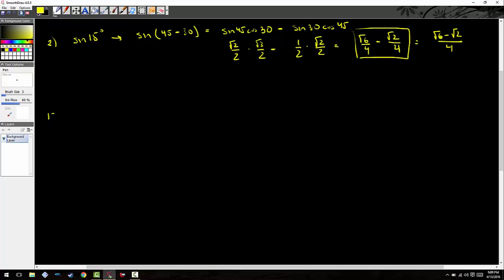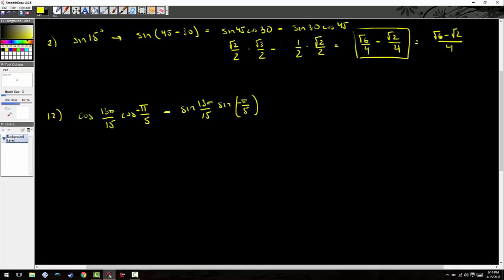Number 12. From the second section, again, sum and difference formula. So what I've got is cosine of 13 pi over 15, cosine of negative pi over 5, and then I'm subtracting sine of 13 pi over 15, and then sine of negative pi over 5. Okay?